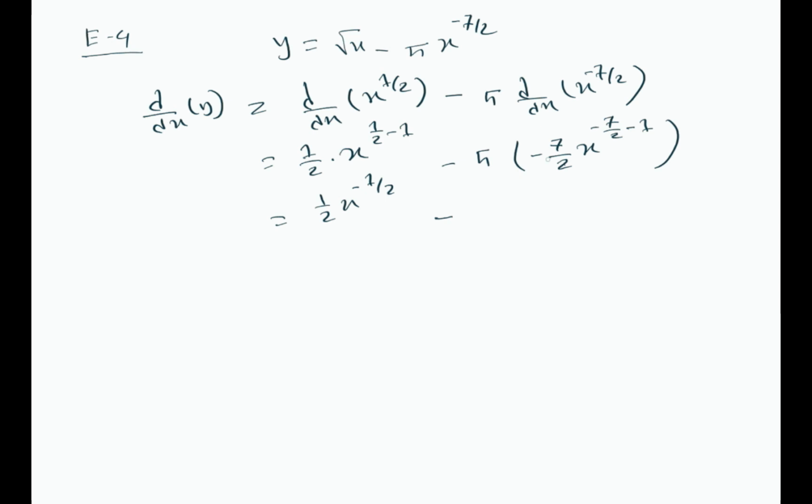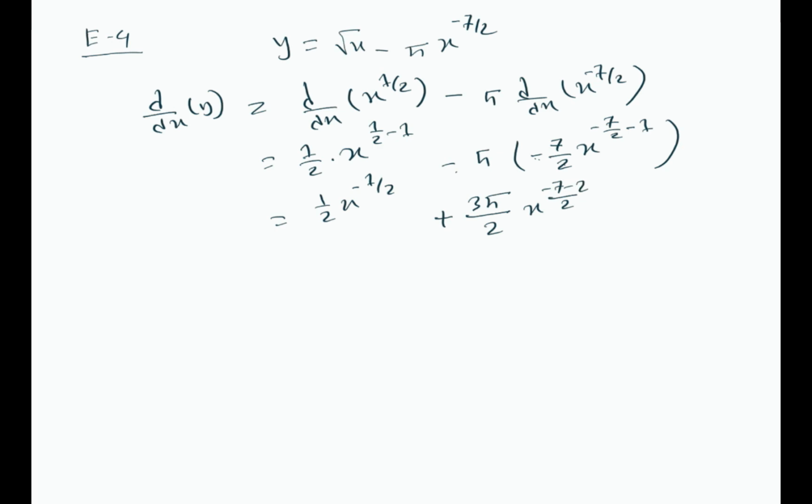So then I can write 5, see, this minus times minus is actually plus, so 5 times 7, 35, right, and in the denominator we have a 2, then x to the power negative 7 minus 2.